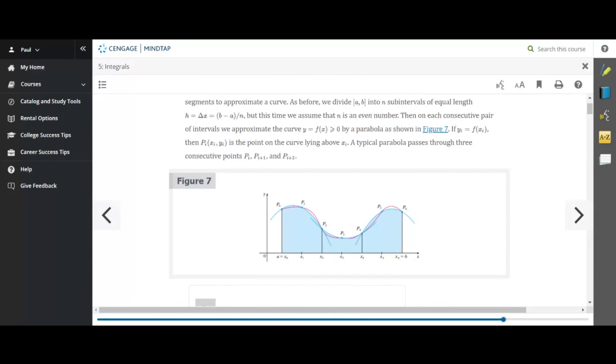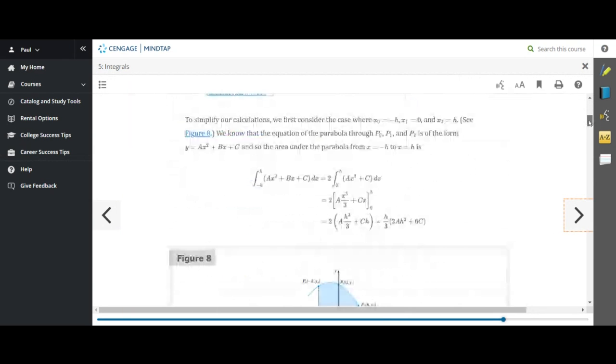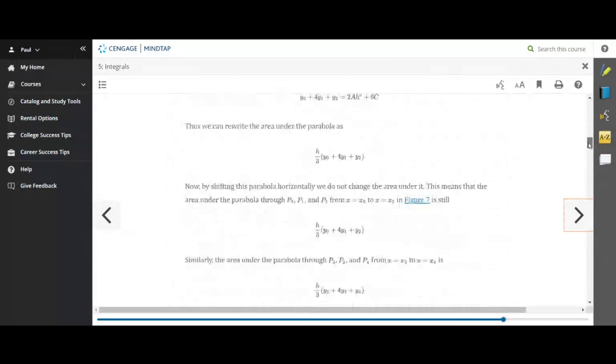Excellent. So what's the formula for Simpson's rule? They go through a proof, if you're interested, that shows why it's true.